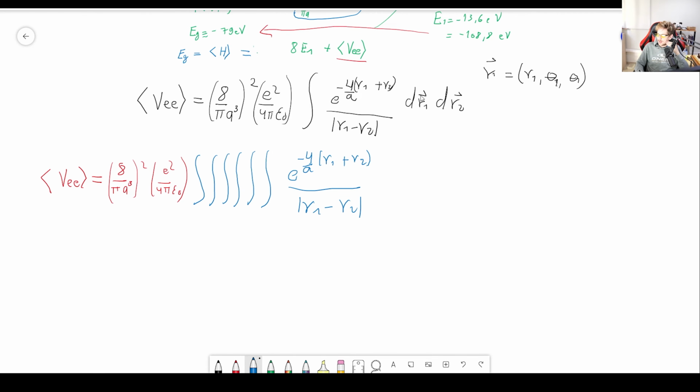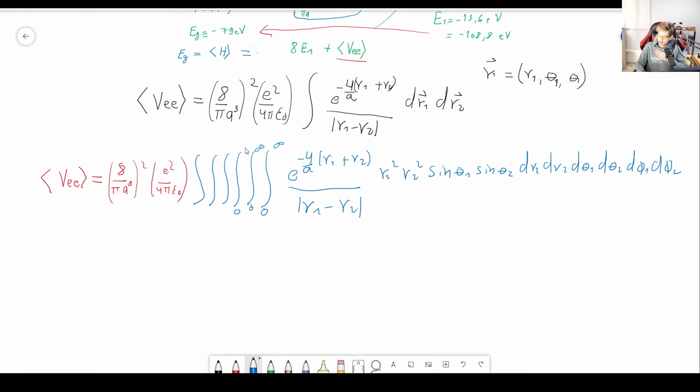And then I'm going to put all of our dr. So we are in spherical coordinates, so we get r1 squared, r2 squared, sine of theta 1, sine of theta 2. And then we get dr1, dr2, d theta 1, d theta 2, d phi 1, d phi 2. Okay, and now our limits. So r's go from 0 to infinity.